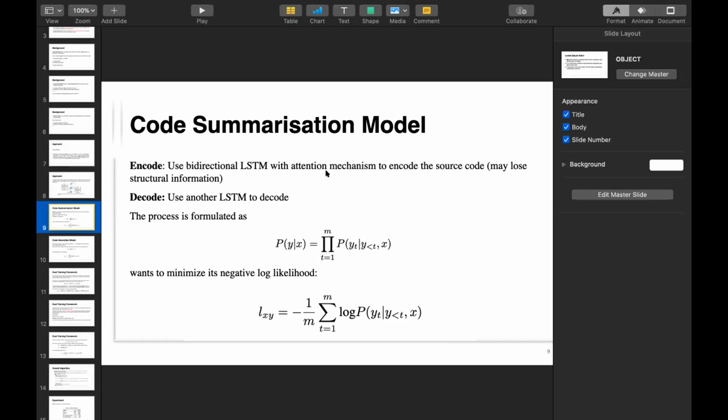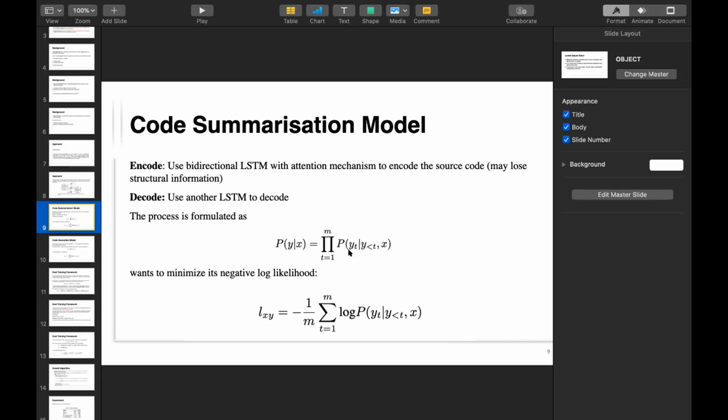So the training process is token by token to be fit into the LSTM. And the decoder is another LSTM to decode. And the process is formulated as the formula here.